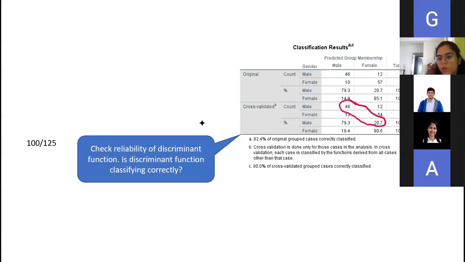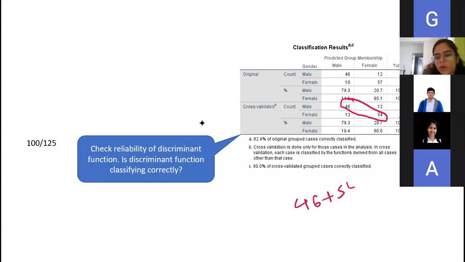So males were 46 and predicted were also 46. And females were 54 in my original data, and predicted were also 54.